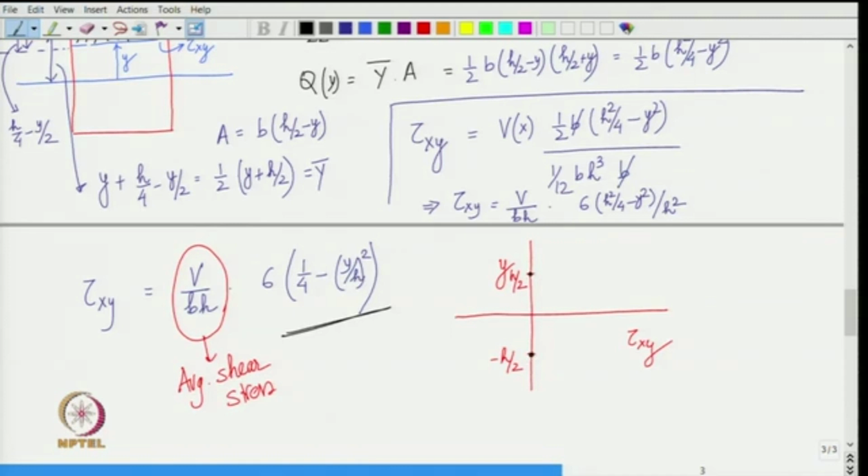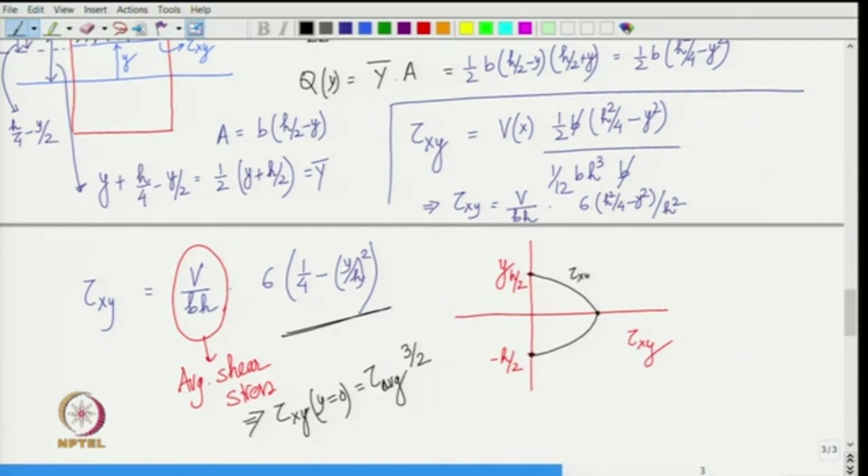Whereas at y equal to 0, tau x y is tau average into 6 by 4, which is 3 by 2. So, it is 1.5 times the average. So, it is somewhere over here, and then in between it has to vary quadratically. So, you simply draw a curve and that becomes your formula for tau x y.